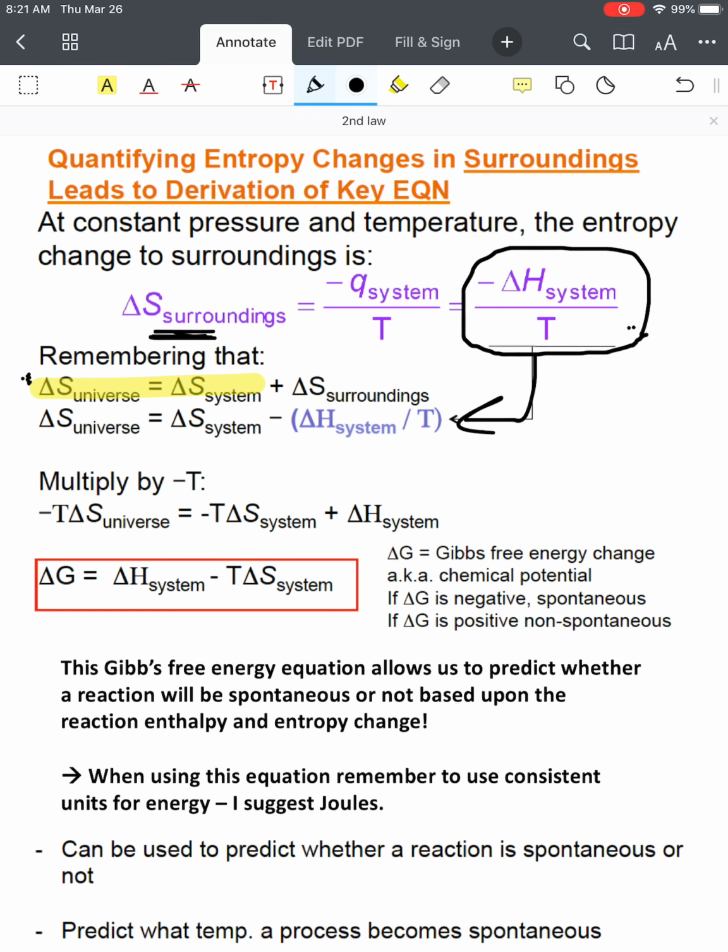Because of that negative sign, this positive becomes negative right there. And you have delta S universe is equal to delta S system minus delta H system divided by T.